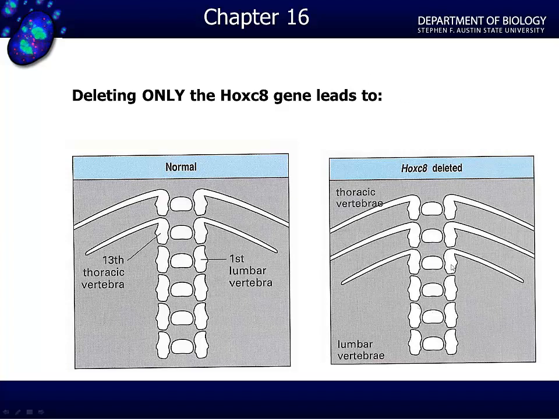We get a 14th thoracic vertebra, and we move the 1st lumbar down by 1. So we have changed the positional information of this single vertebra. We still have vertebrae, we just changed their identity based on this anterior-posterior patterning. All right, so that's how these homeotic genes work with this positional information.